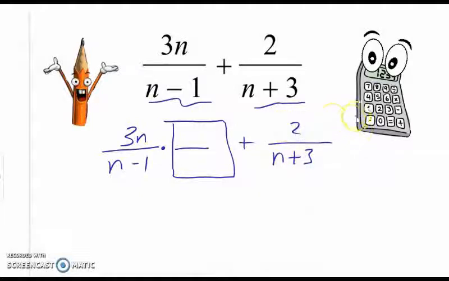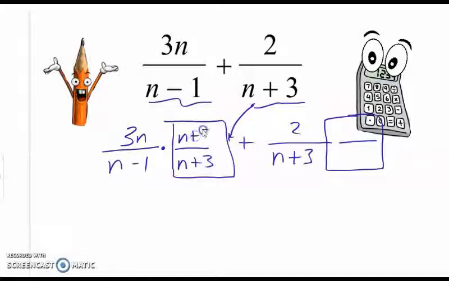So 2 over n plus 3, and then we're going to get our big 1 on the side for each side. So for 2 over n plus 3, we're going to bring over n plus 3 to both sides for the numerator and denominator. And then for 2 over n plus 3, we're going to bring n minus 1 on top and bottom to distribute those.